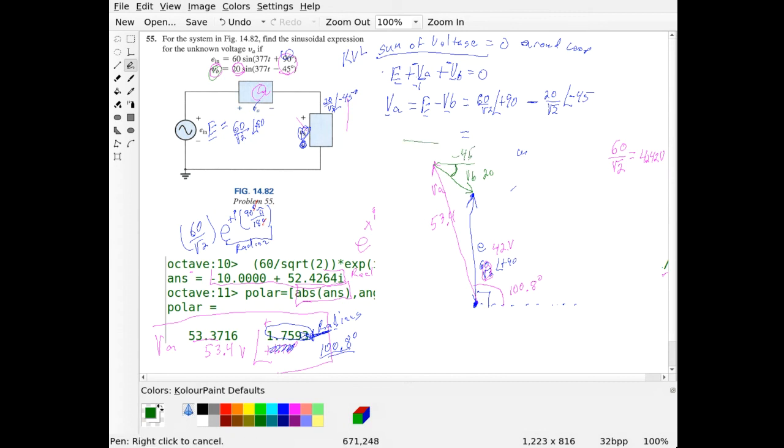And so this is my phasor diagram satisfying Kirchhoff's voltage law. Remember Kirchhoff's voltage law says that the sum of the voltages must equal 0. And we can draw that physically, and sketch that out to see if that makes sense.